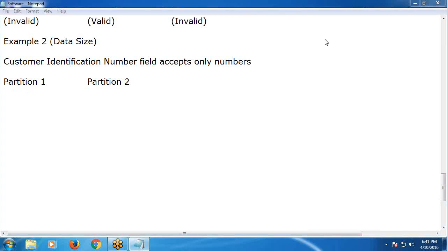Check alphabets, whether it is accepting or not. See, first, alphabets. This is one partition. Next, numeric or numbers. Next partition, alphanumeric.